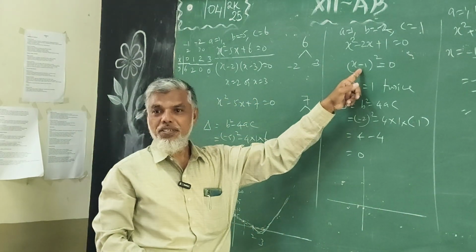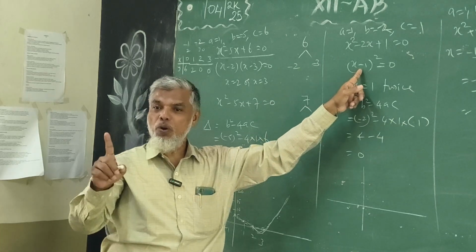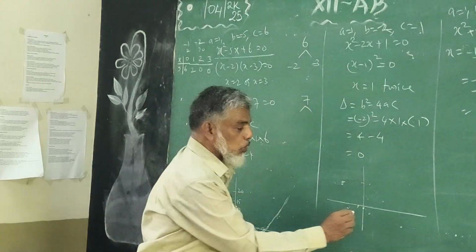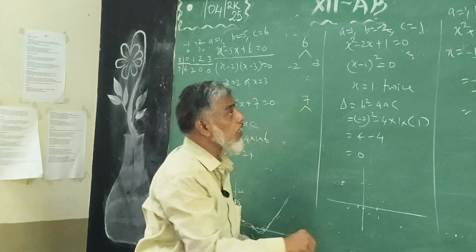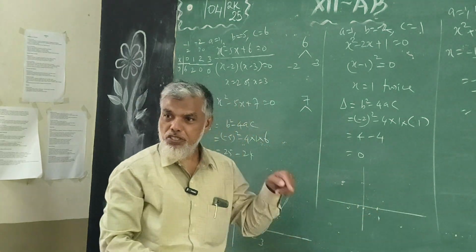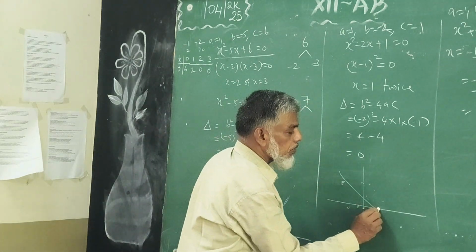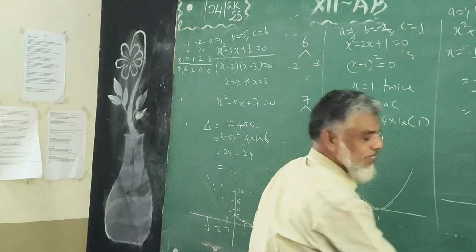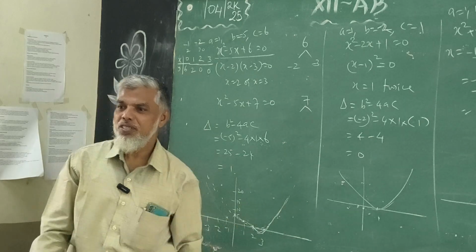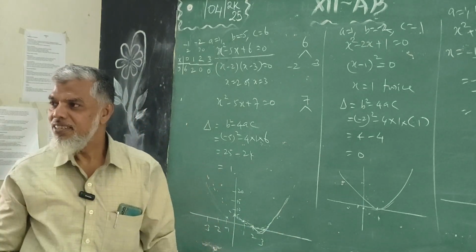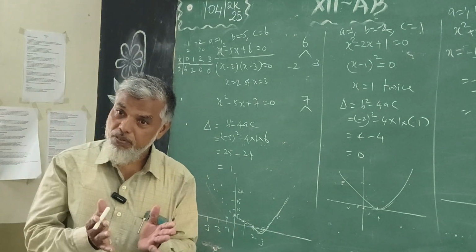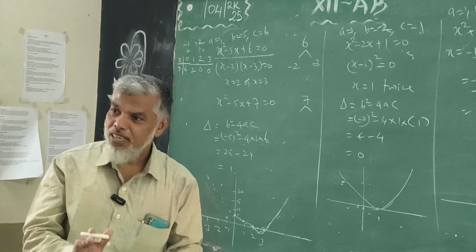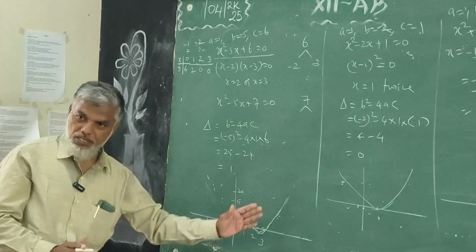In the next one, only one point. What is the point? Now x is equal to 1, 0. So it will be like this. If you draw this, what will you get? Whether you get a figure or not. Here you get this graph.